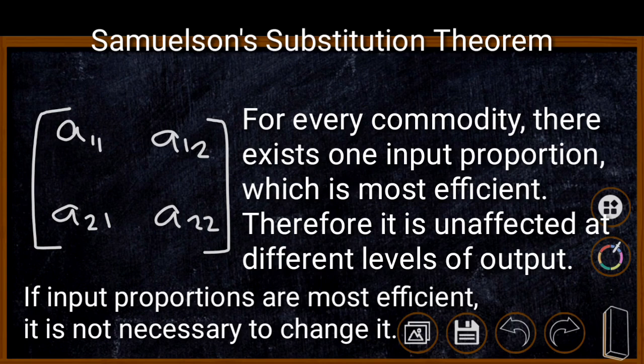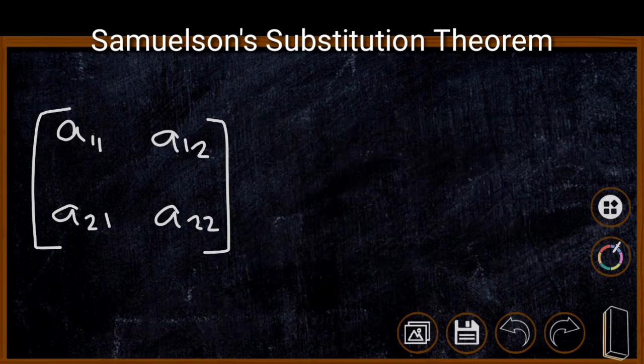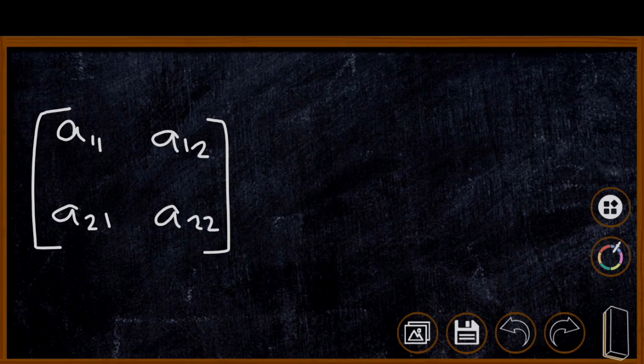Therefore, according to Samuelson, the fixity of input proportions is not because of technological considerations, but because of productive efficiency. If we are using the most efficient input proportion for production, then it may not be changed always. This is Samuelson's substitution theorem.